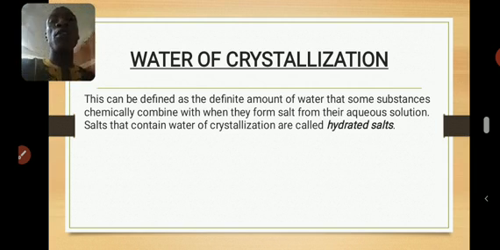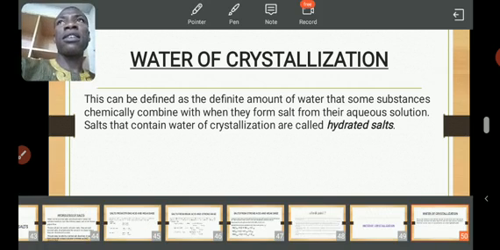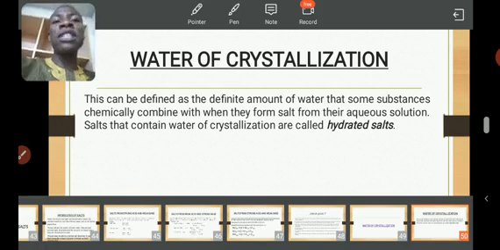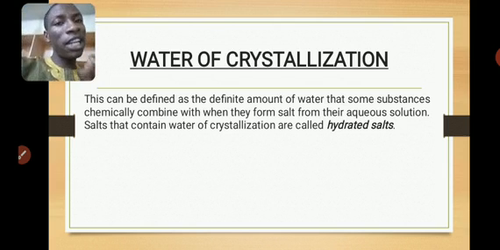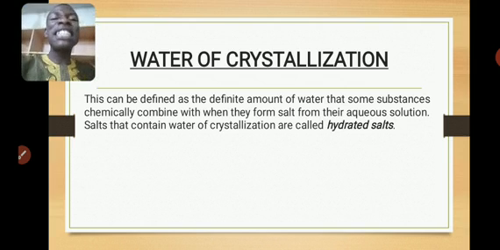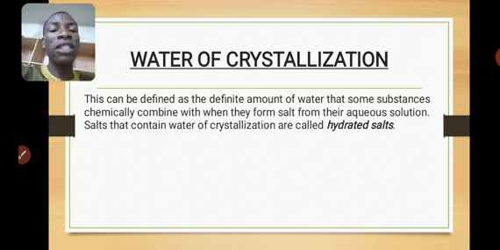Like I said before, it's definite for every salt. I'm going to give you some examples of salts now, and the definite amount of water molecules they normally crystallize with. Take note, water of crystallization is a definite amount, particular for a particular salt. When you form a salt by crystallization, they normally come out with a particular number of water molecules. This amount of water molecules, you call it water of crystallization.